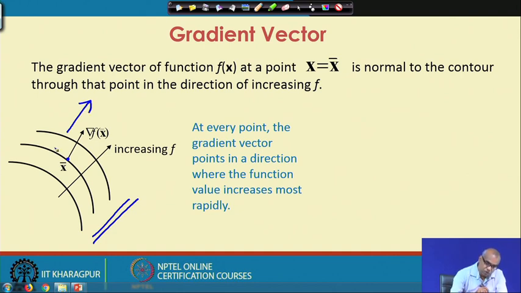So, if you draw a tangent at point x bar on the contour, the gradient vector is perpendicular to this tangent line. So, remember, the gradient vector of a function at a given point is normal to the contour through that point, and it is always pointing in the direction of increasing function value.